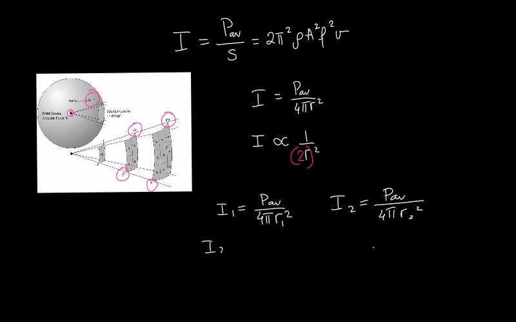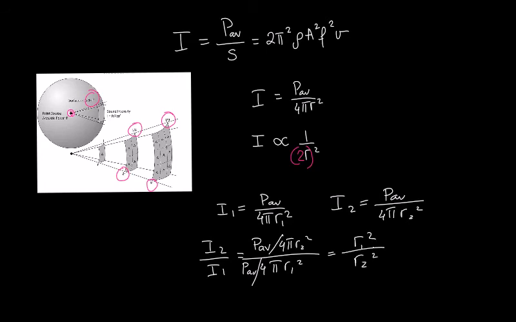I2 divided by I1 equals average power divided by 4 pi r2 squared divided by average power divided by 4 pi r1 squared. This leads us to r1 squared divided by r2 squared.